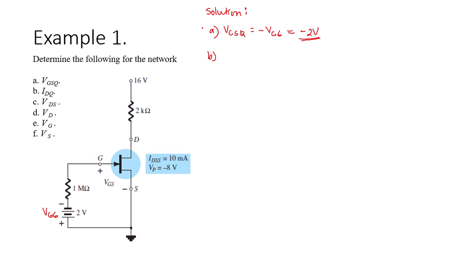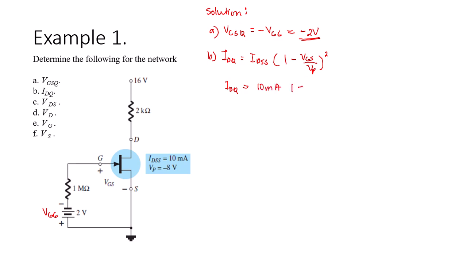Next, how about the IDQ of the given network? IDQ can be solved using Shockley's equation: IDSS times the quantity 1 minus VGS over the pinch-off voltage, squared. Since IDSS is given, we substitute the given values. IDSS is 10 milliamperes.